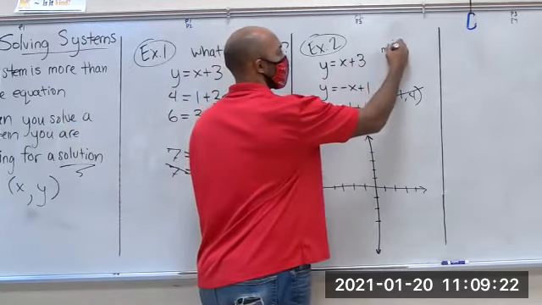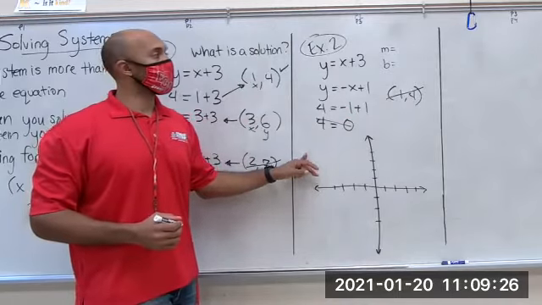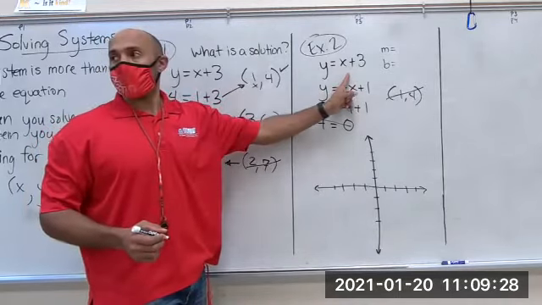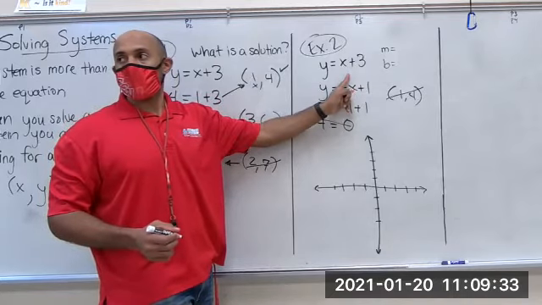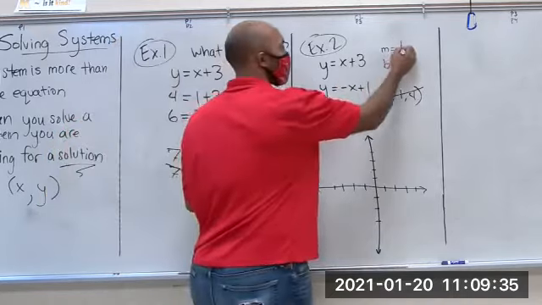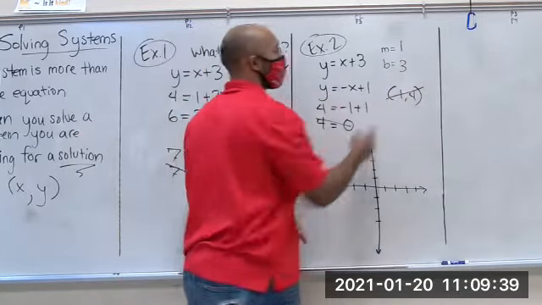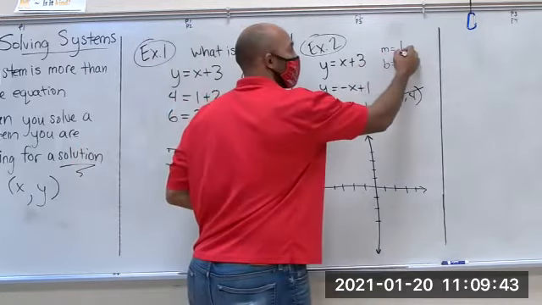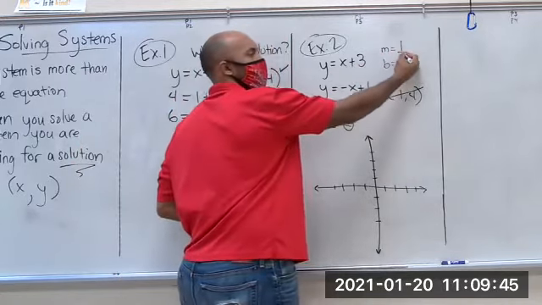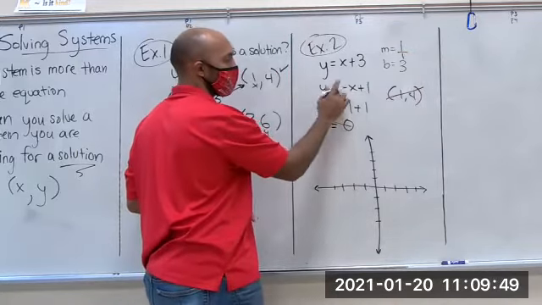Remember that you need the M and the B. Do you know what the M is for this one? 1. Okay, and what's the B? 3. All right, but the M is also slope, so we're going to put that over. What number would we put it over? 1. Good.